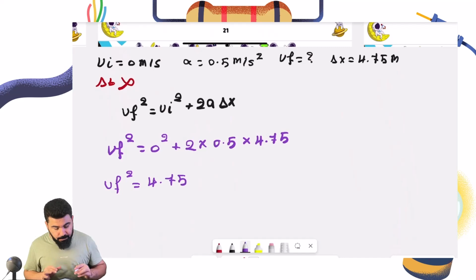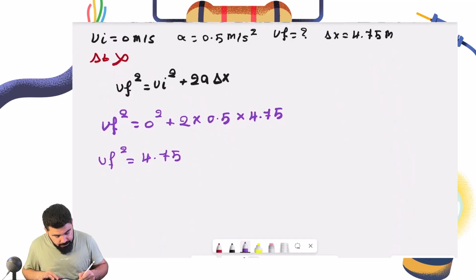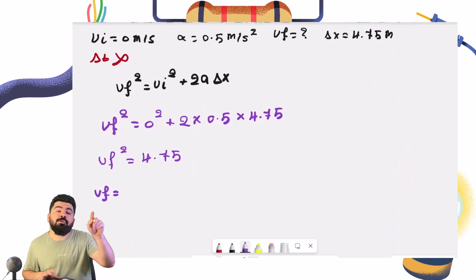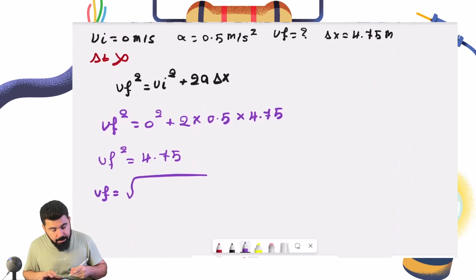No, careful. We have V final squared. Whenever you have squared with an unknown, remove that squared. So we're going to say V final is equal to what? When you remove the square, write a square root on the other side. So we're going to say the square root of 4.75.